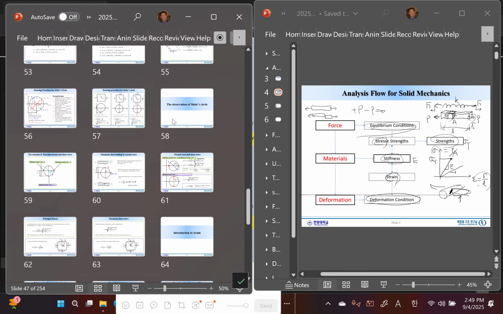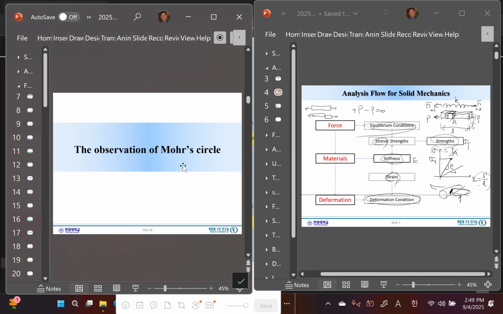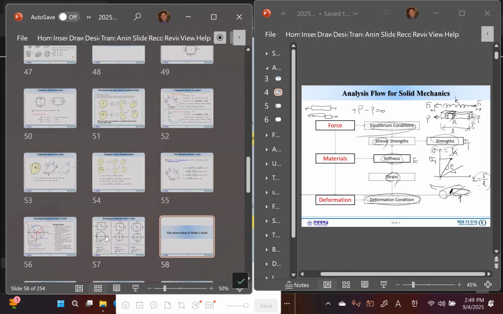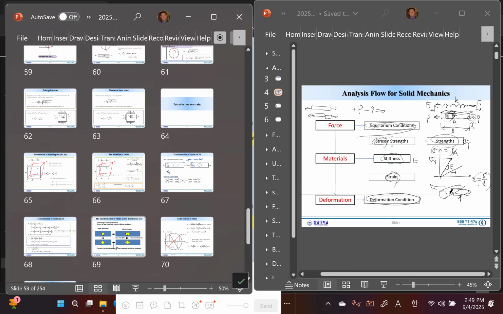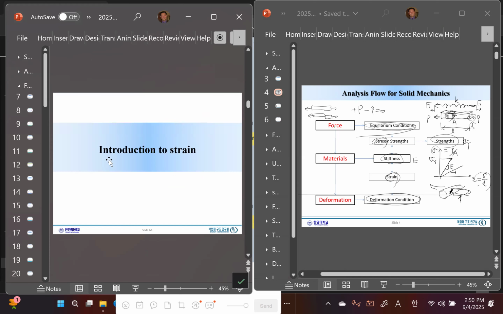And in this chapter, there are very technical words, but the point is that you shouldn't lose this global flow chart. And inside here we have an introduction of strain. As you can see, stress, strain in terms of 3D, and we define the stiffness.